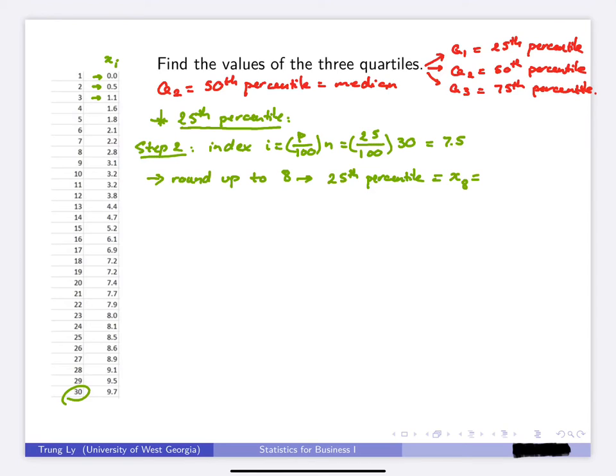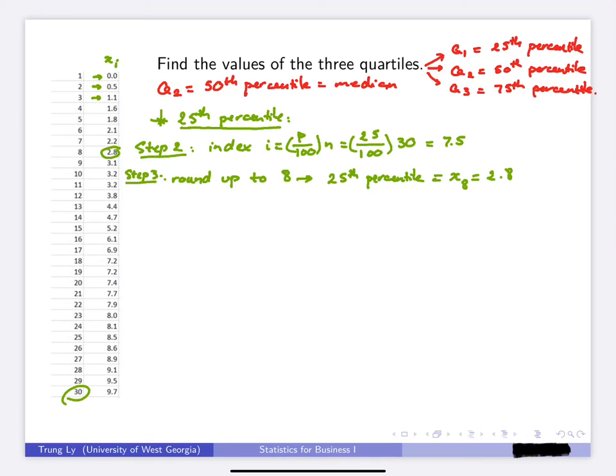If you look in the table here, the 8th observation in the data set is 2.8. So 2.8 is the value of the 25th percentile. Technically, this is our third step. So step 3 is right here.